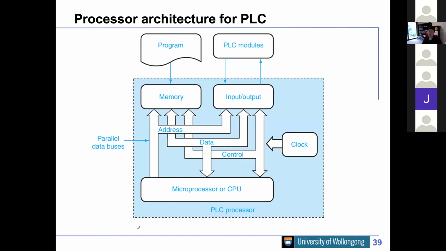If you look at the architecture of the PLC, it has a microprocessor or CPU. Then you have a memory, which holds your program. Then you have input output, and this is the strongest part of the PLC. It handles way more different voltage and current levels compared to a PC.